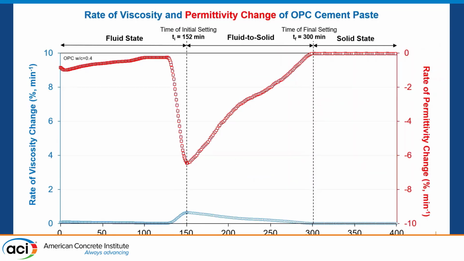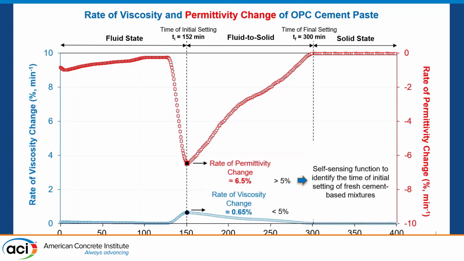The rate of permittivity change is included in this slide, the red curve. We see during the fluid state a small change of the permittivity. However, at around the time of initial setting, we identified a rate of permittivity change of 6.5%.